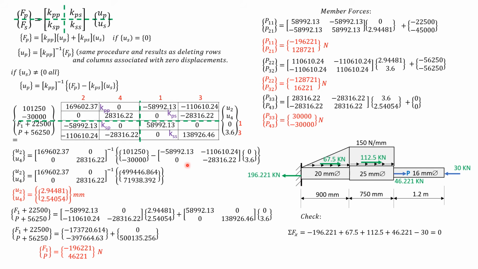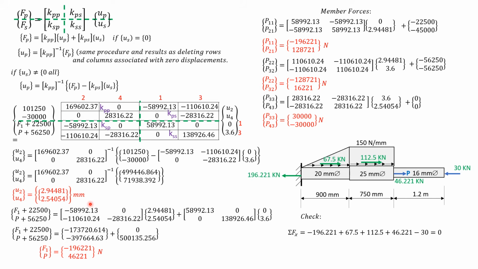Then for the second part, 0, then this is negative 28,316.22 times negative, so positive, negative 30,000 times the positive value of this product is 71,938.32. Then you can use your calculator to get the product of the inverse of this 2 by 2 matrix and this 2 by 1 matrix. The result would be the same. U2 is 2.94481 and U4 is 2.5405 for mL.